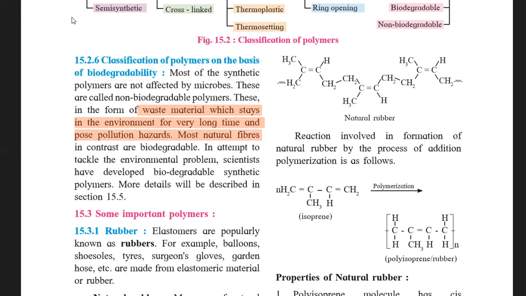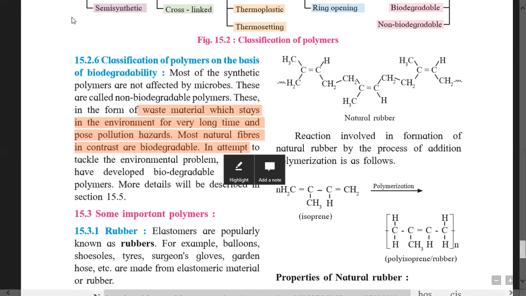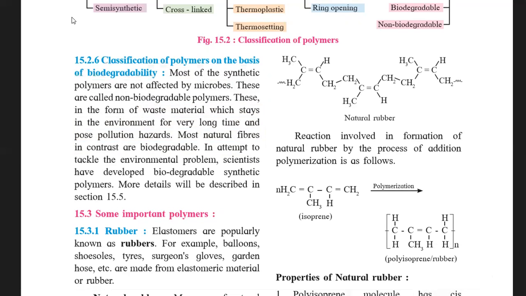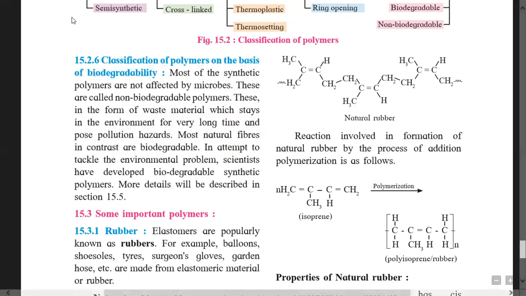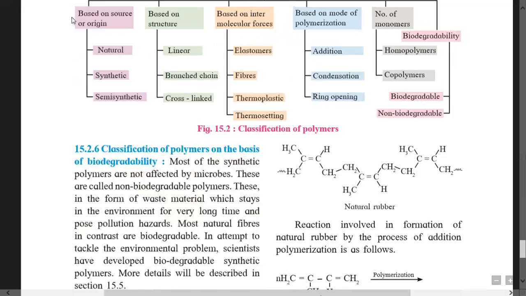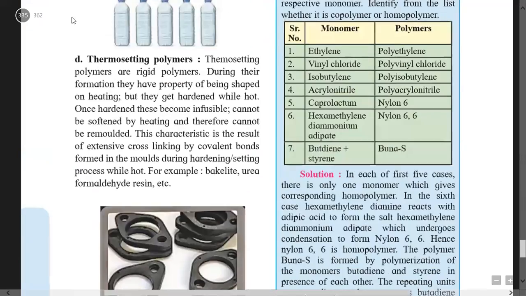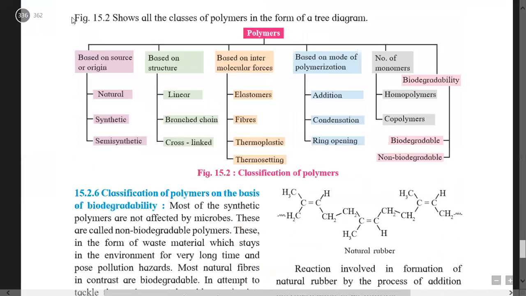Most natural fibers, in contrast, are biodegradable. In an attempt to tackle this environmental problem, scientists have developed biodegradable synthetic polymers, and these are given in table 15.5.